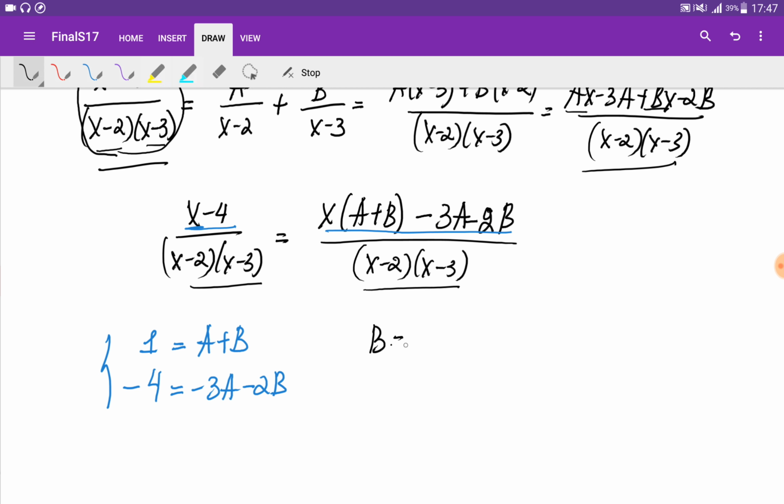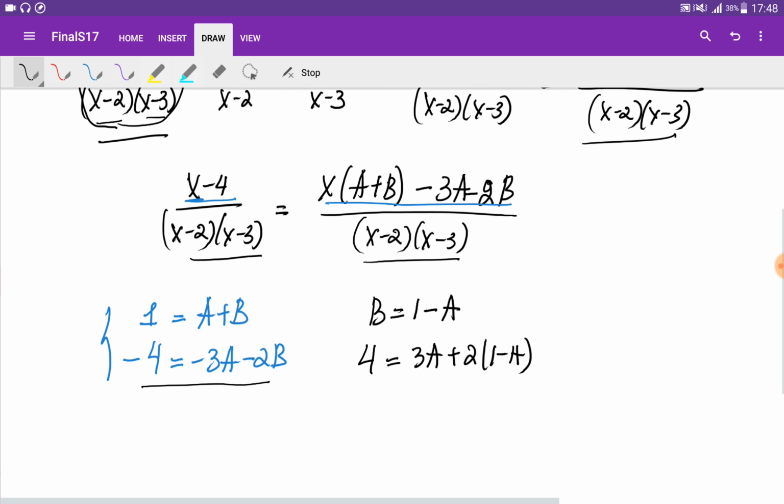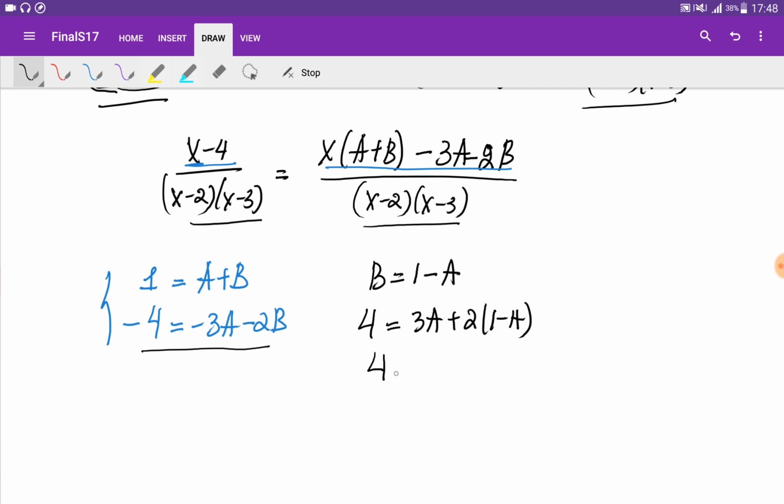So I'm going to find b from the first equation. This is going to be equal to 1 minus a, and I'm going to substitute this into the second. This is going to be 4. Let me multiply everything by minus 1 in the second equation. It's going to be 4 is equal to 3a plus 2 multiplied by 1 minus a. I'm just going to substitute b as 1 minus a. If I open up the brackets, it's going to be 4 is equal to 3a plus 2 minus 2a, right?